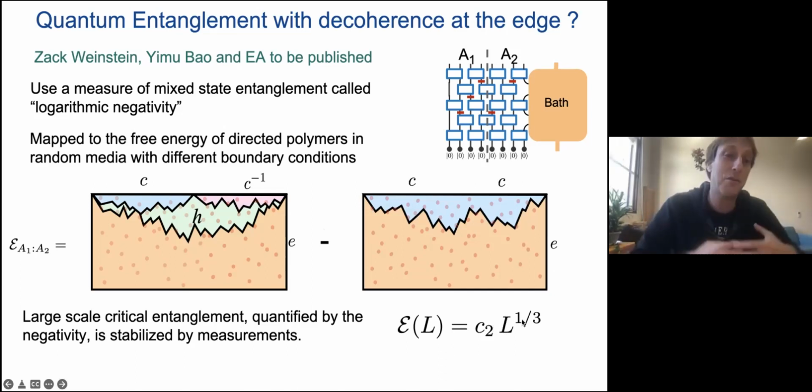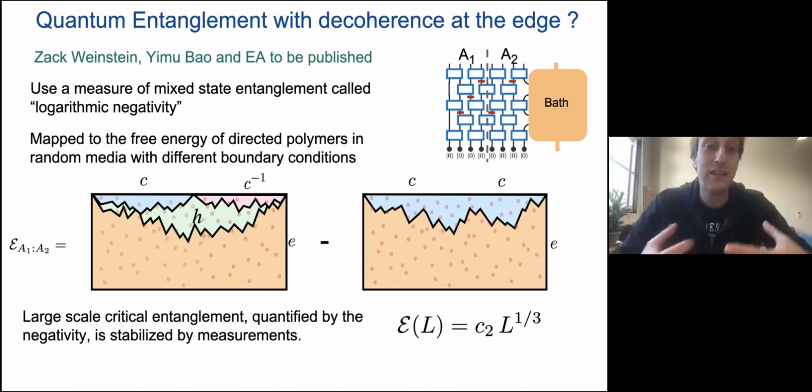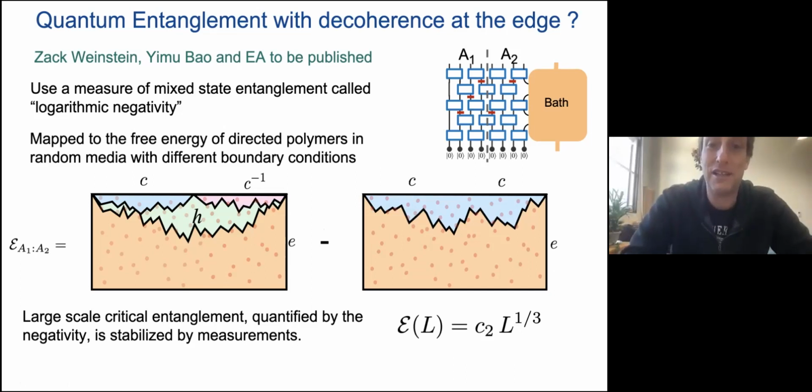So in the volume law phase of the entanglement entropy, if you couple an infinite path to the edge of the system, then you kill part of the entanglement, but this L to the 1/3 subleading term survives.